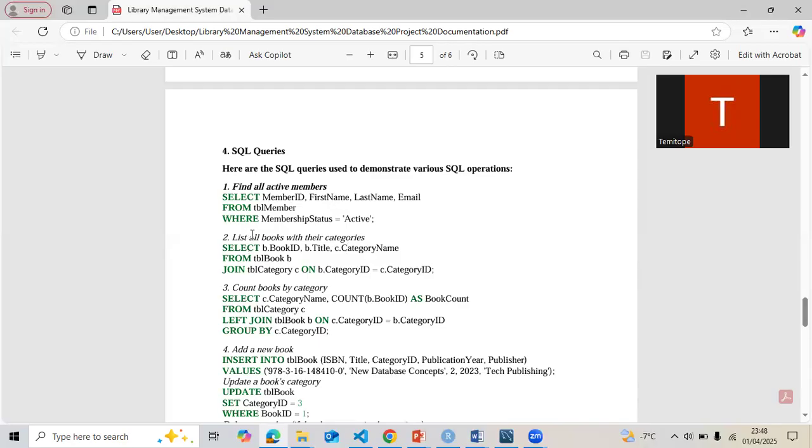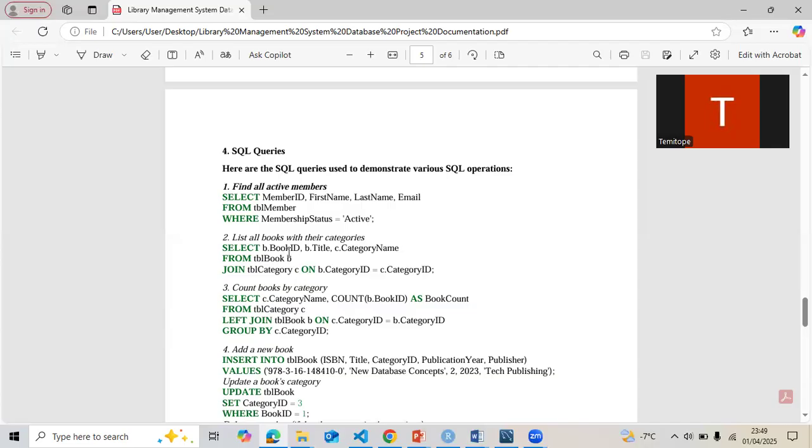Likewise, the second query says list all books with their category. So I select book ID, title, category from, of course, the book table. Then I join the category table on category ID, where category ID is equal to category ID.